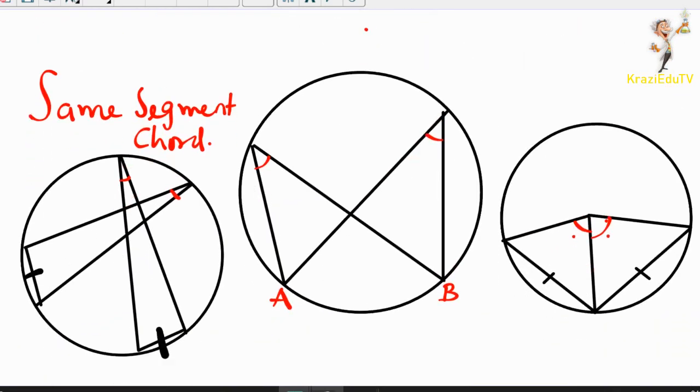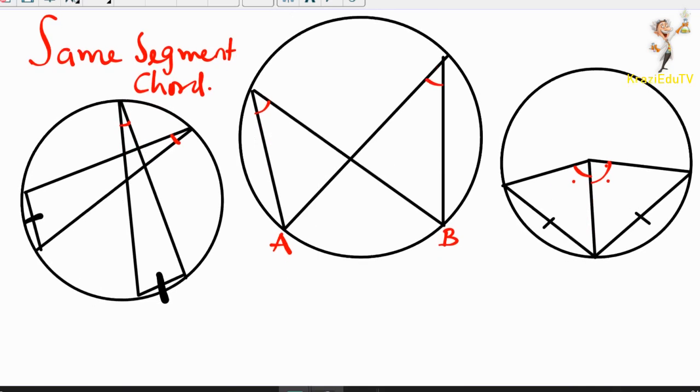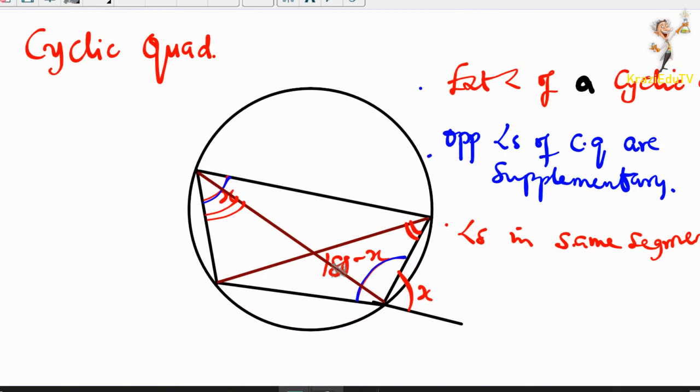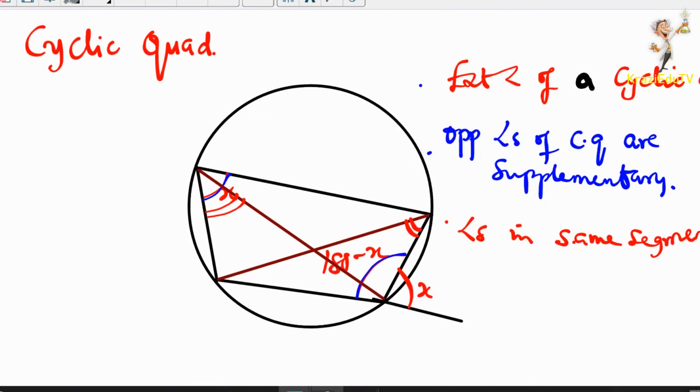Angles in the same segment are equal. Angles of the same chord are also what? Equal. Cyclic chord, we said there are three things. Exterior angles of a cyclic chord, opposite angles of a cyclic chord are supplementary, and angles in the same what? Segment.